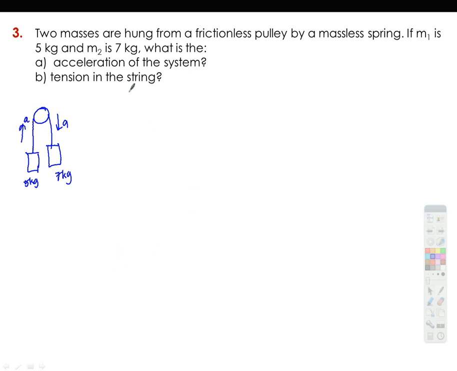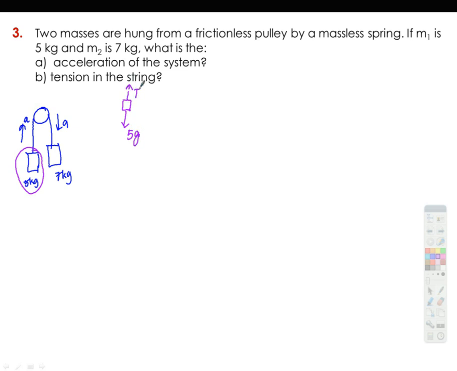Okay. So next thing, draw a free body diagram per mass. Okay, I will do this M1 first. So Fg, which is equivalent to mg, and our mass is 5, and acceleration due to gravity is g.